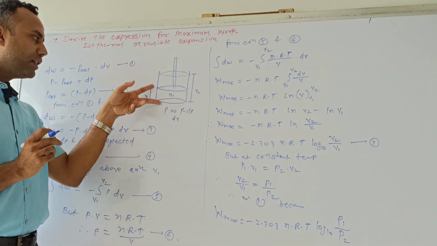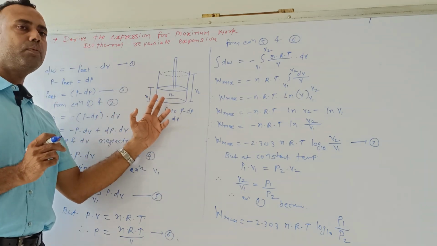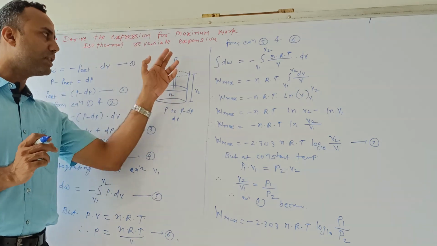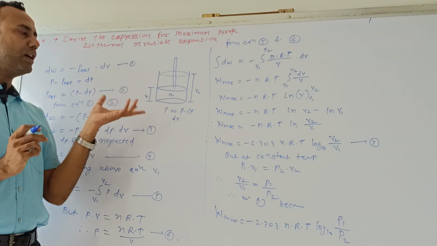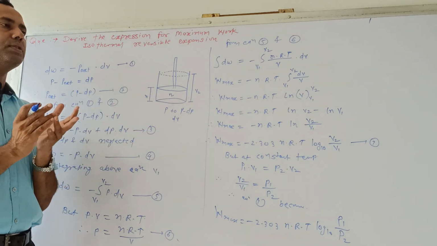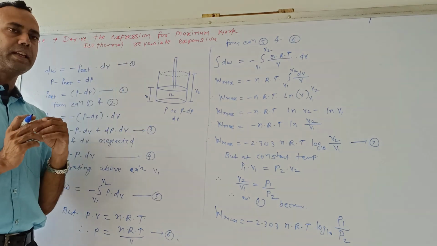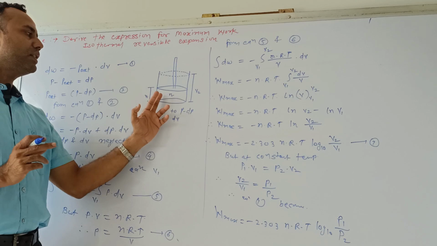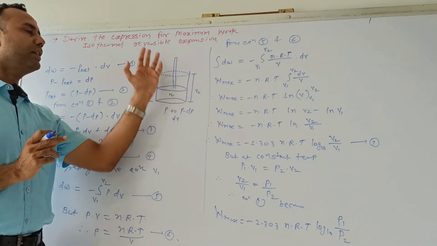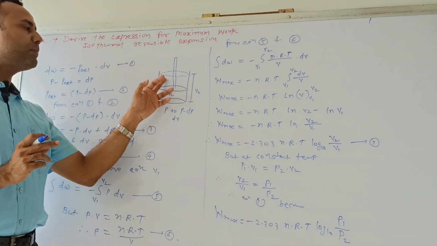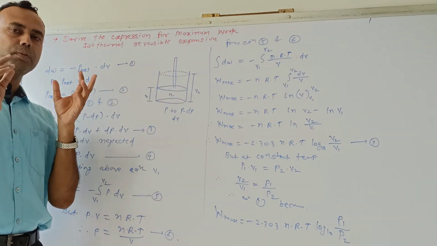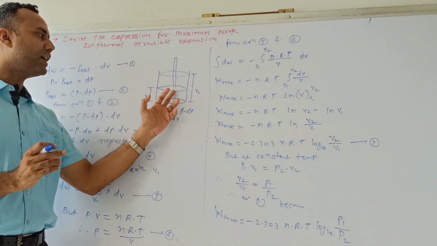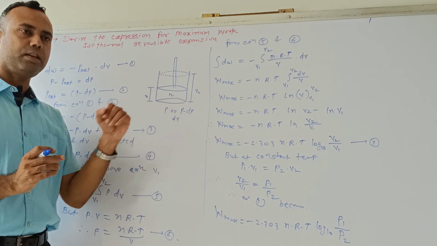That's why this piston will move in an upward direction, because external pressure is more and internal pressure is less. The condition is reversed, because we are showing the reversible expansion. So this pressure is increased and that pressure is decreased, meaning the opposing pressure is less. That's why it decreases to P minus dP.